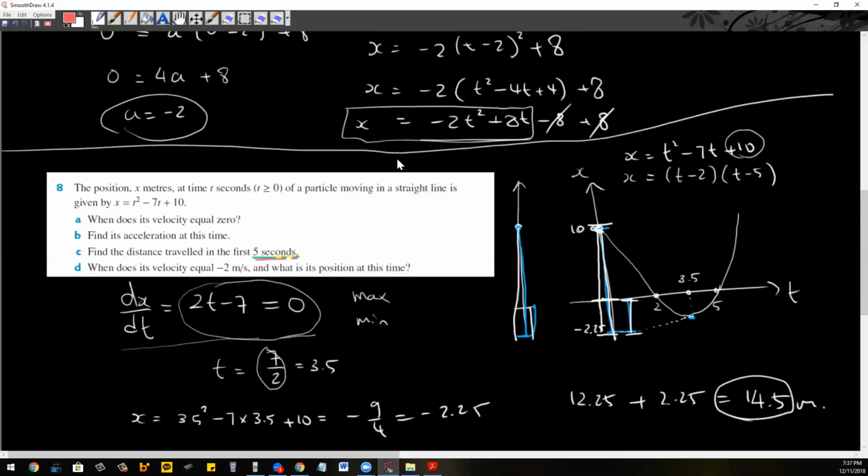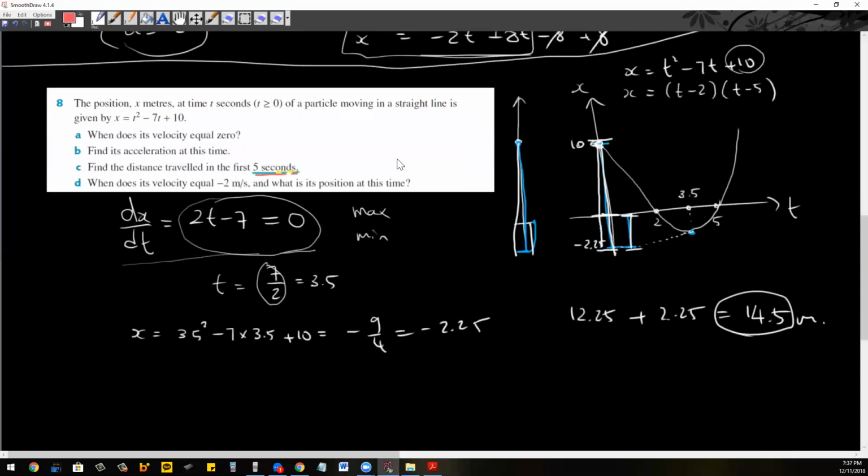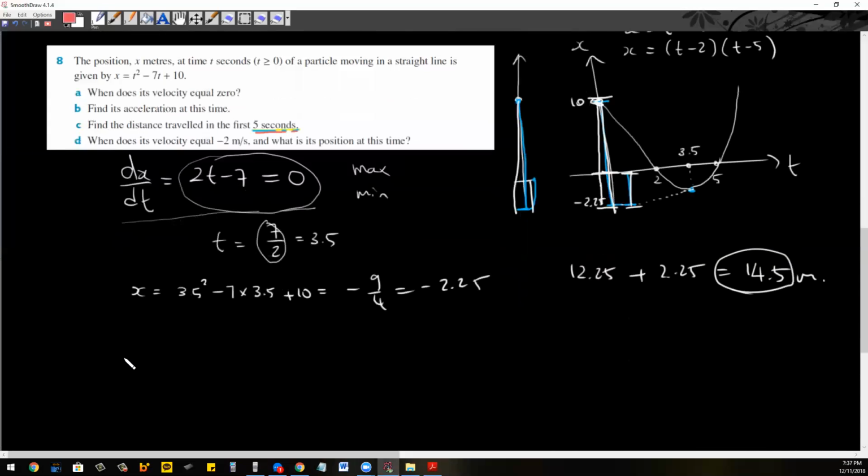So what happens if you plug in 5 seconds in here? You get 0, doesn't it? So here's what you're doing. If you do x of 5, this is pretty much 0, isn't it?